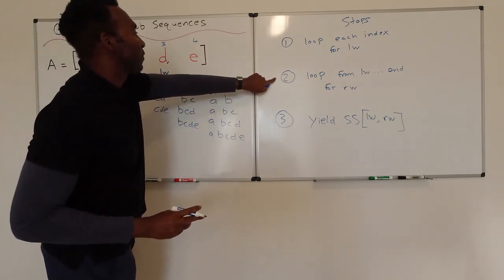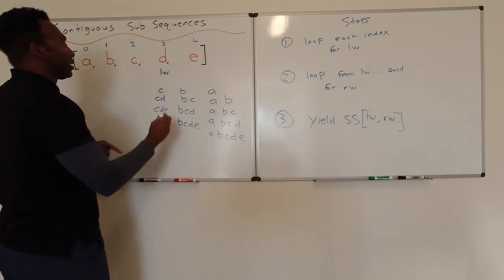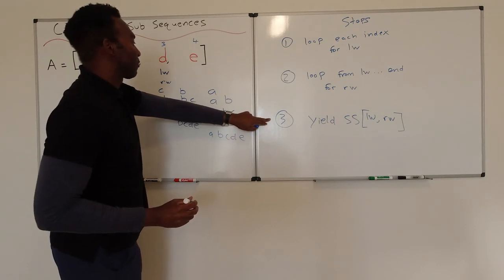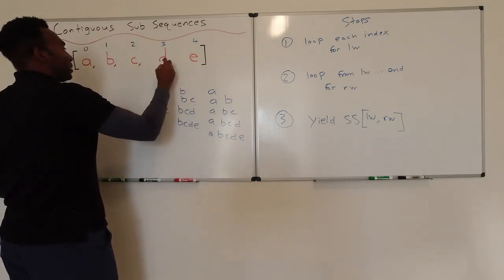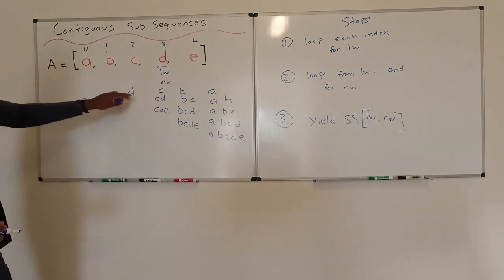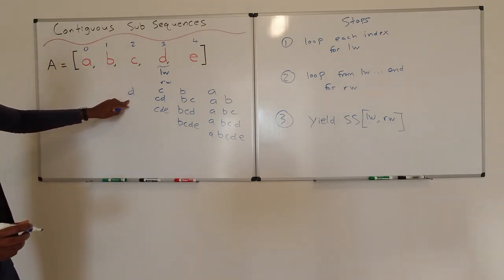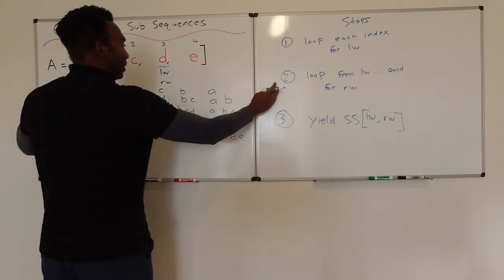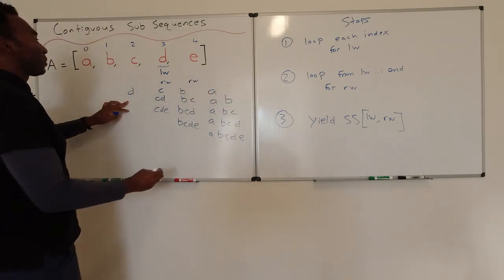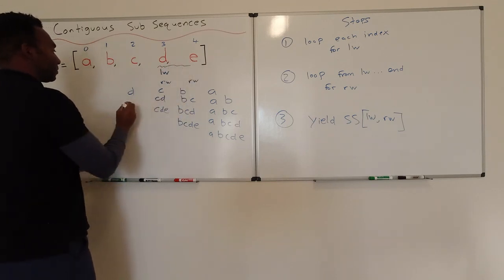Step 2 says you're going to define the right wall where the left wall is, which is right here. Step 3, you're going to yield that result. In that case, we'll end up with D. Put that as one of your results. So this is our next subsequence. After that, we're going to go back to step 2 and we're going to increment the right wall. When we do that, we will get D and E.